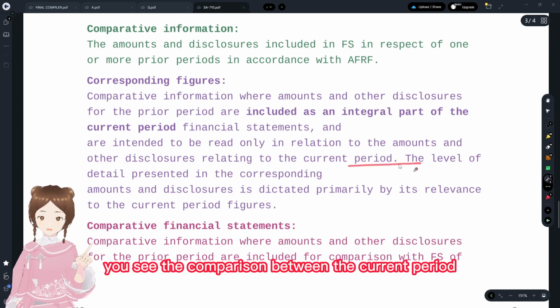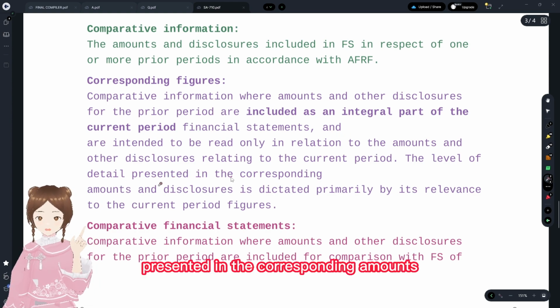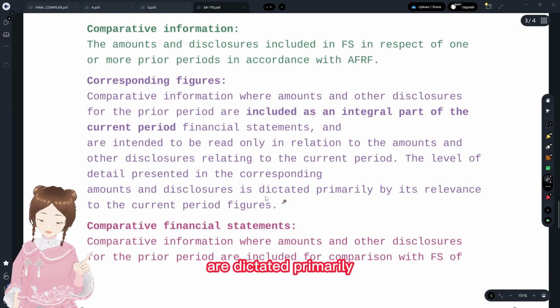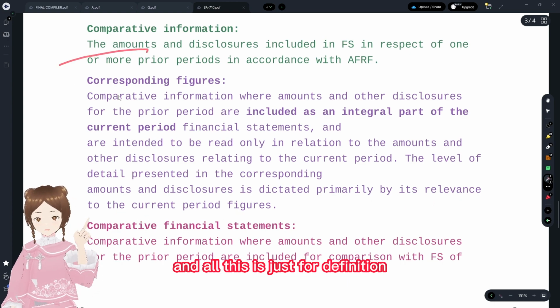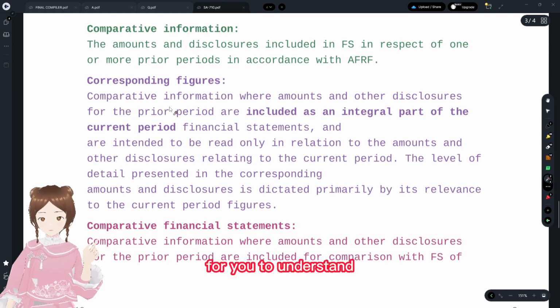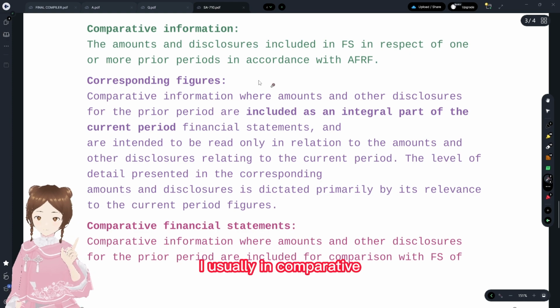You see, it's a comparison between the current period and the prior period. The level of detail presented in the corresponding amounts is dictated primarily by the relevance of the current period figures. This is just a definition for you to understand, but mostly we usually do not have to write the definitions.